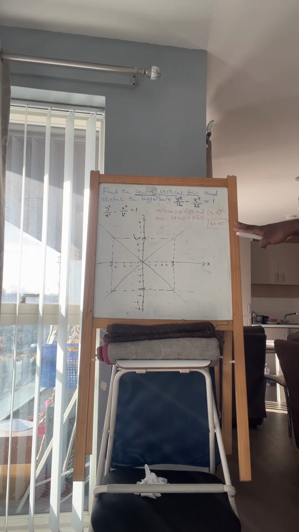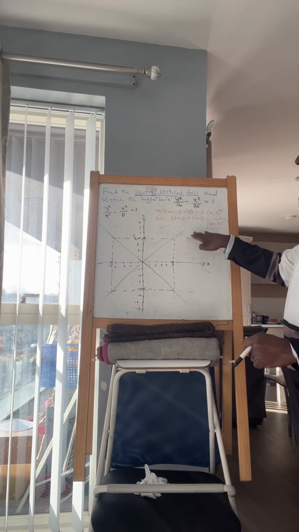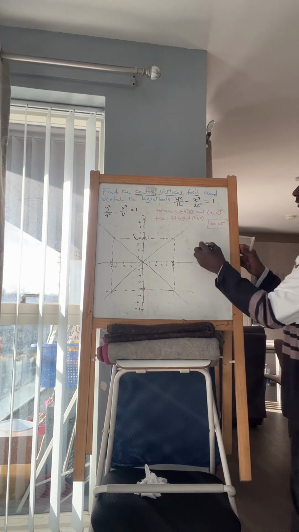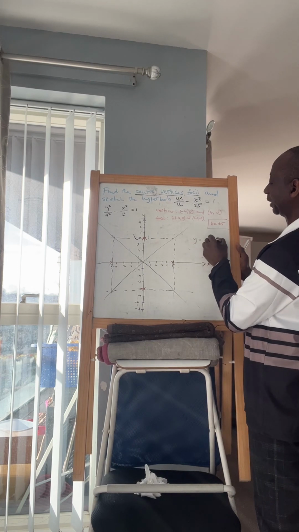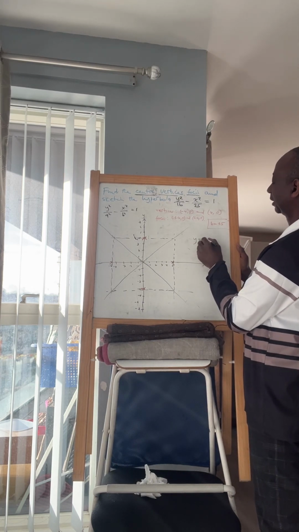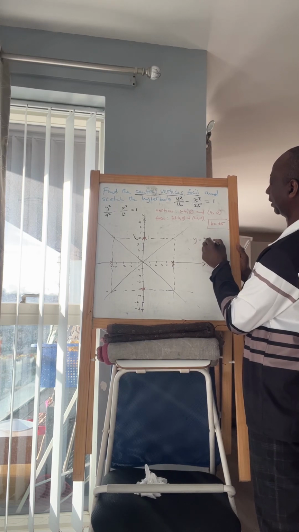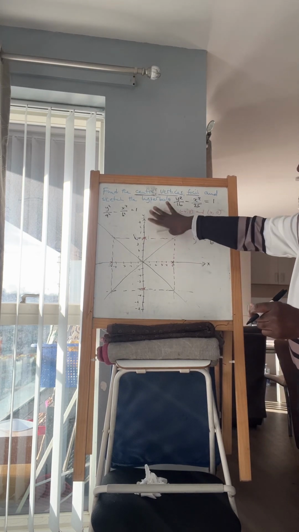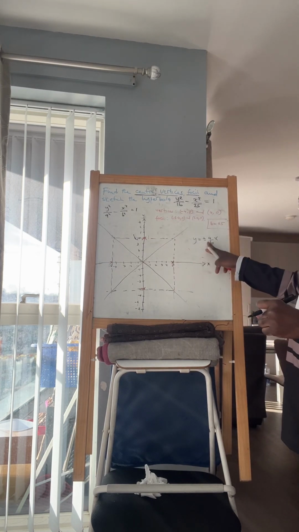These are the lines that form the asymptotes. And the equation you are given is y equals plus or minus a over b x. Because it's lying on the y-axis, it changes.